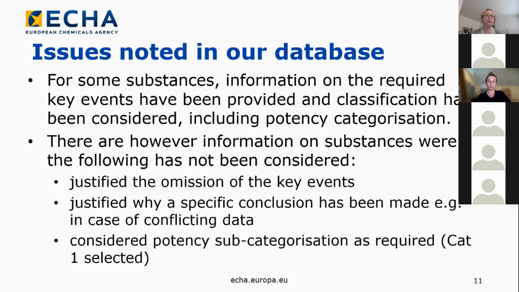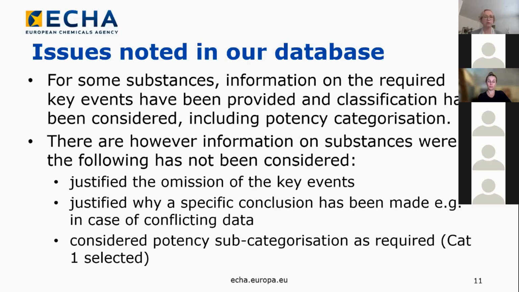There were, however, some issues that we noted when we looked a little bit more carefully into our database. For some of the substances, information on the required key events was provided, and classification was correctly considered, including the potency categorization. However, we had quite some substances where specific issues were not considered. For example, not all of the key events were covered, and it was not justified why 1 or 2 key events were missing from the information that needed to be provided.